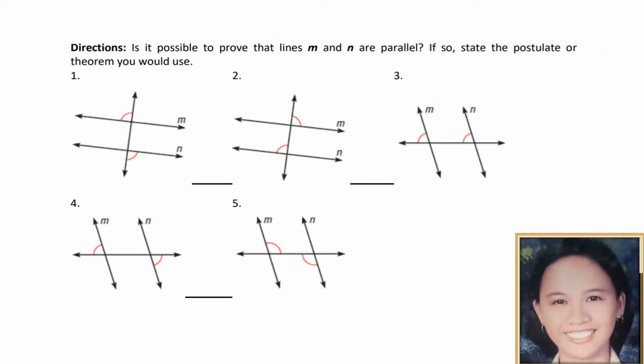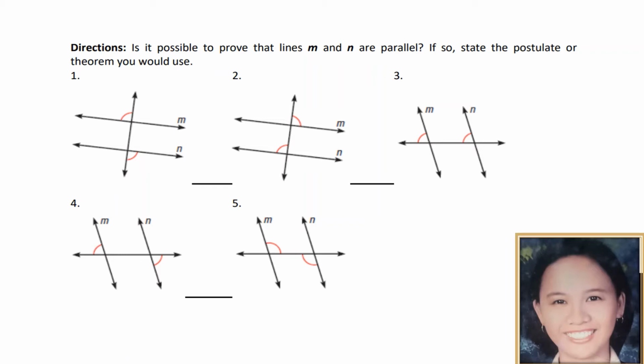Number 3. We have here one interior angle and one exterior angle. So we can consider lines M and N parallel because these two pairs are corresponding angles, and corresponding angles are also congruent.